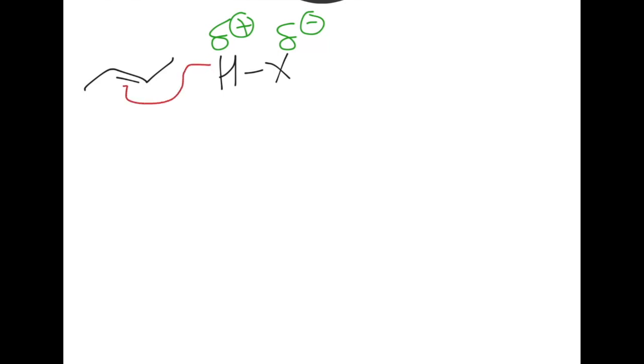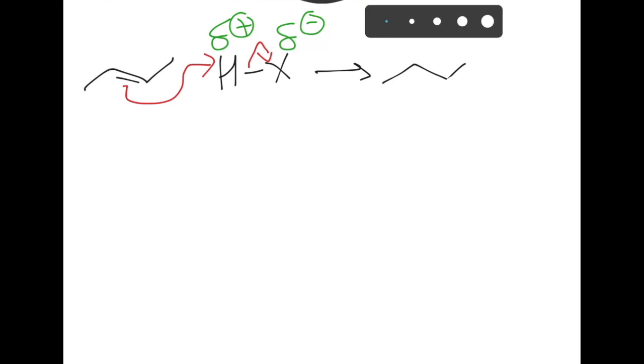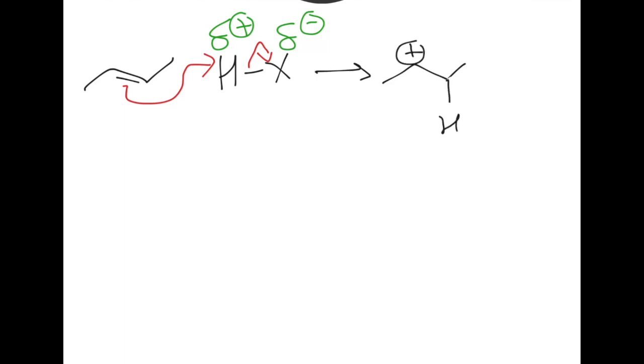So my pi bond electrons attack the hydrogen, and hydrogen gives its electrons to the halide. I make a carbon-hydrogen bond, plus I make Br minus, and then my Br minus adds to my carbocation.